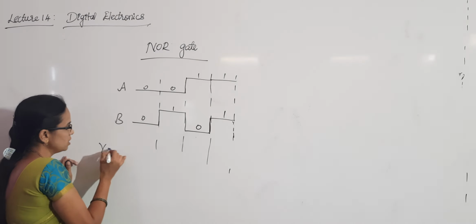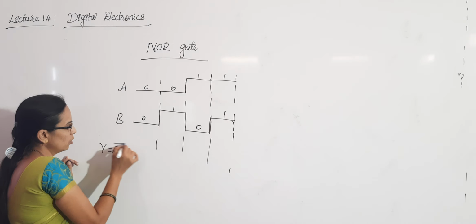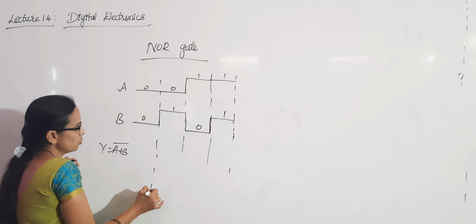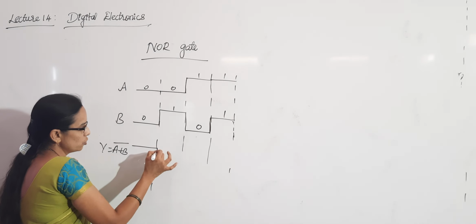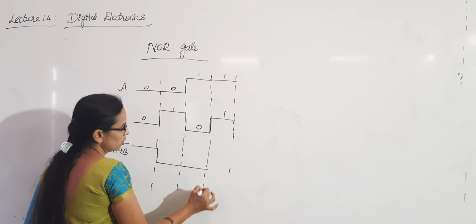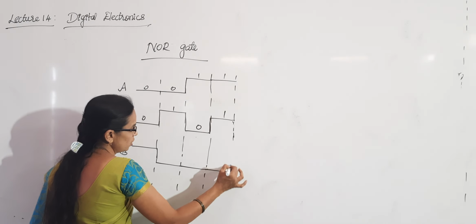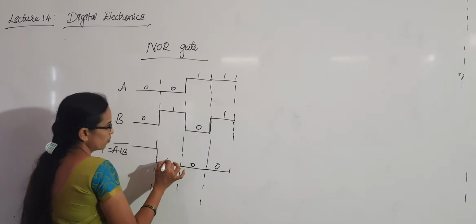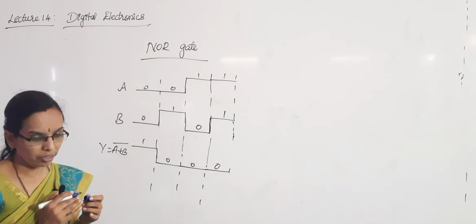So Y is equal to (A or B) whole bar. For 0 0 it is high output, for 0 1 low output, for 1 0 also low output, for 1 1 also it has low output. This is the timing diagram for the NOR gate.